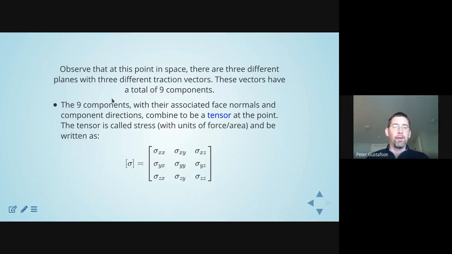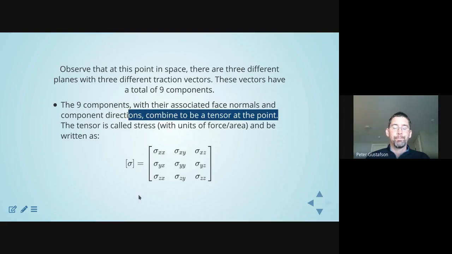The 9 components now can be written more succinctly in a matrix format that I'm showing here. And we're going to now begin to refer to this as a tensor at the point. That tensor is called the stress tensor.